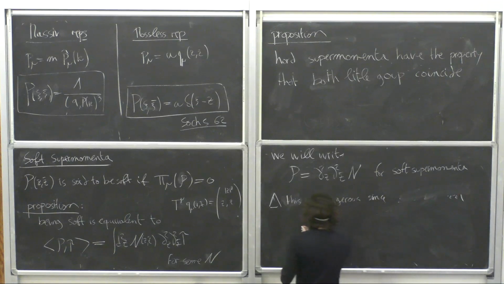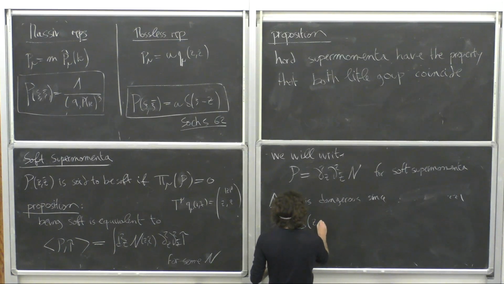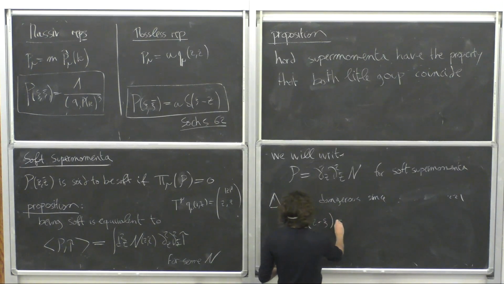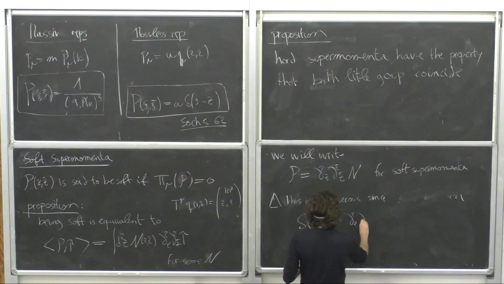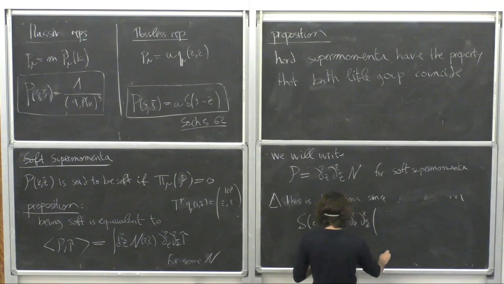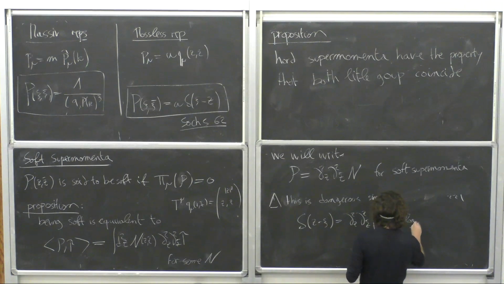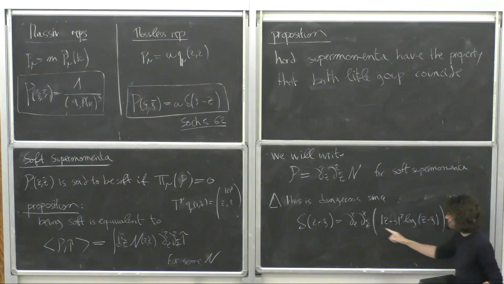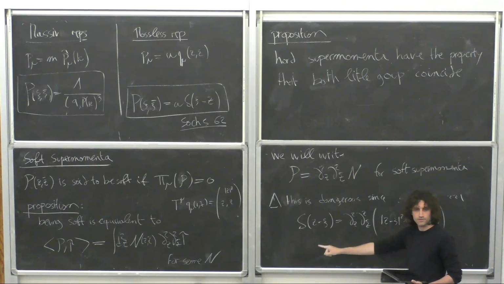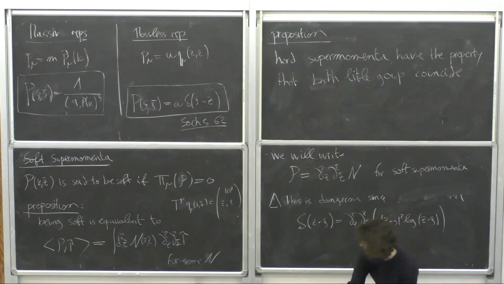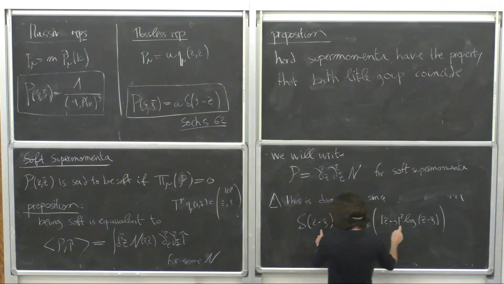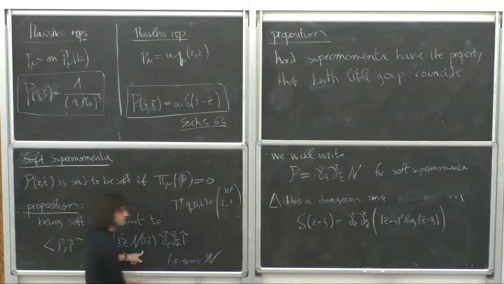Let me write this here. There is a sense in which this distribution is correct, but there is also a sense in which it's incorrect, because certainly if by this you mean this, it cannot be correct, right?